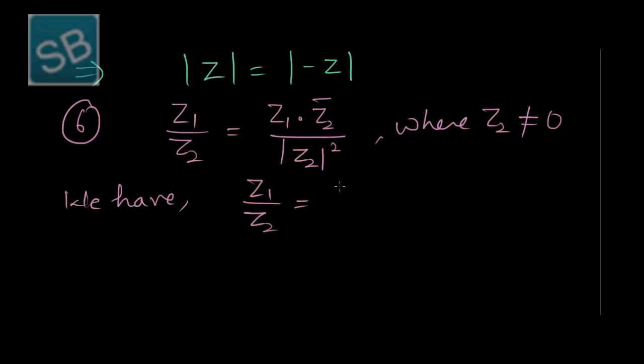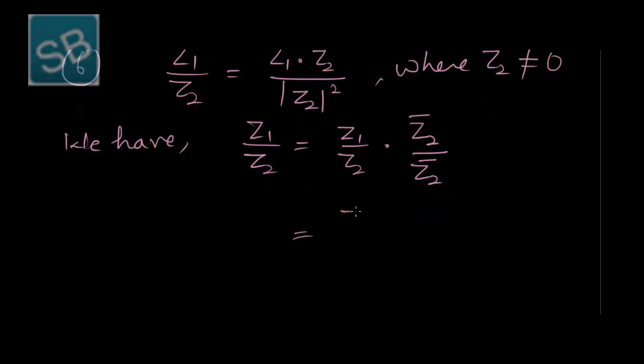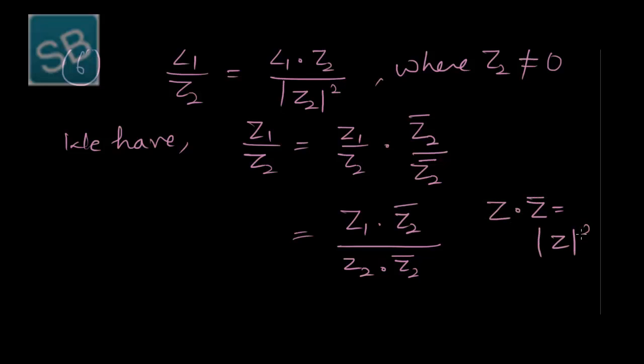Now multiplying and dividing by the conjugate of z2, that is z2 bar, we get z1 into z2 bar over z2 into z2 bar. As we know that z into z bar is equal to mod z square.